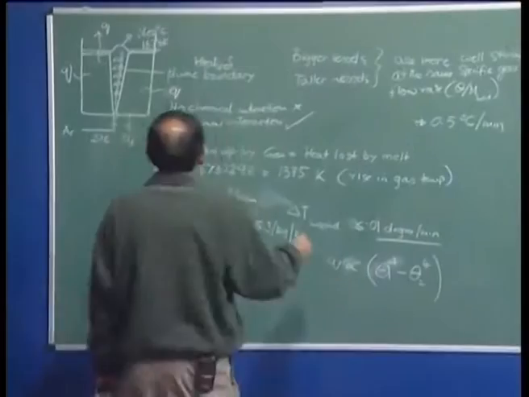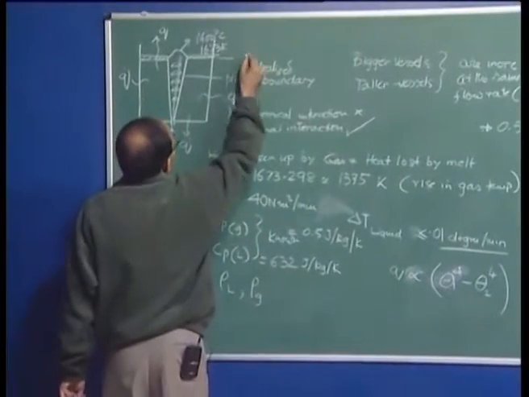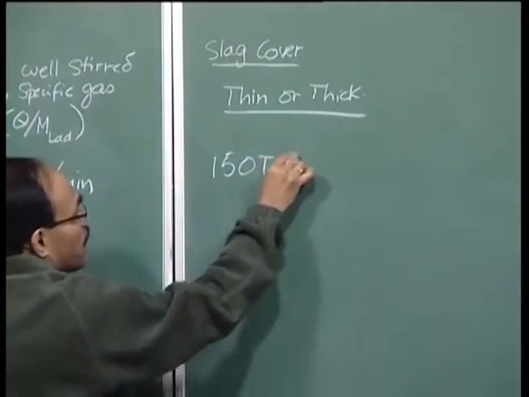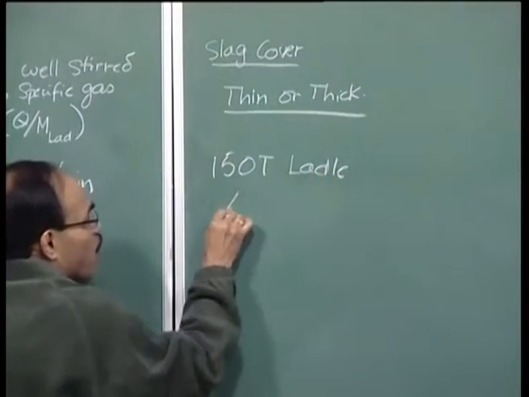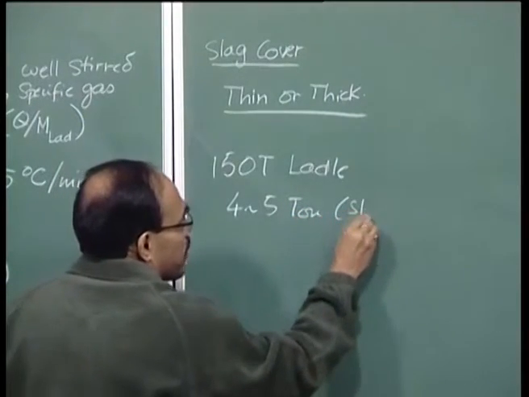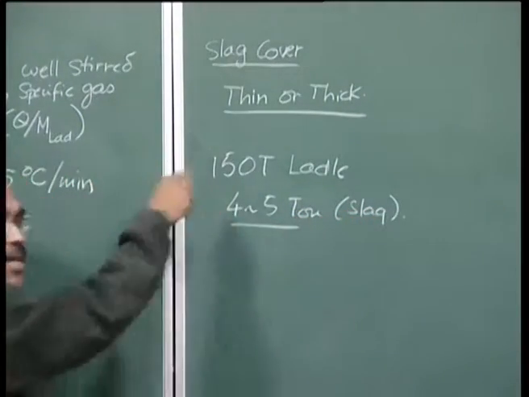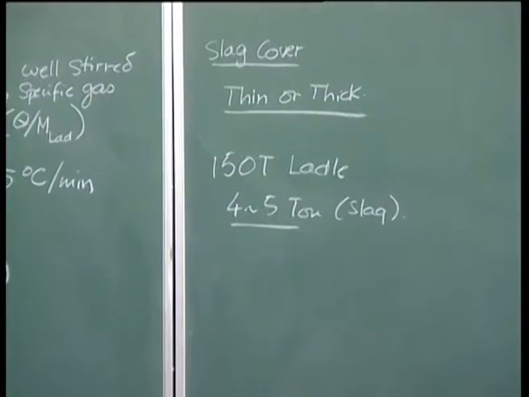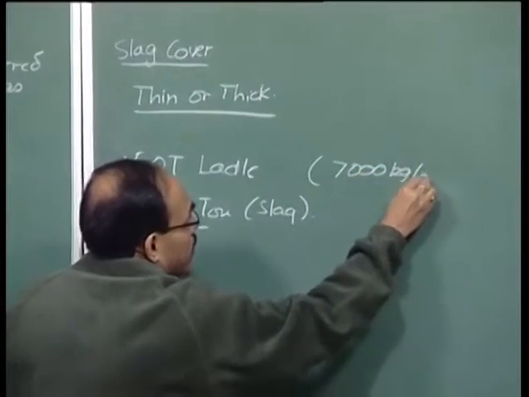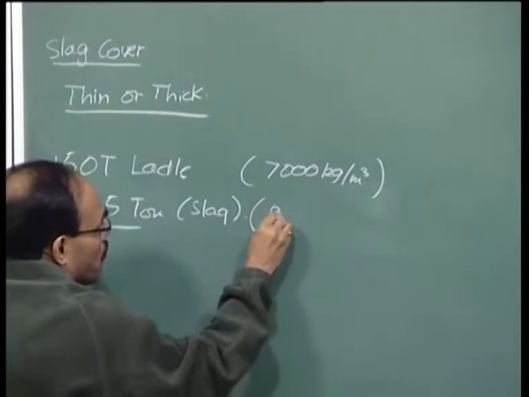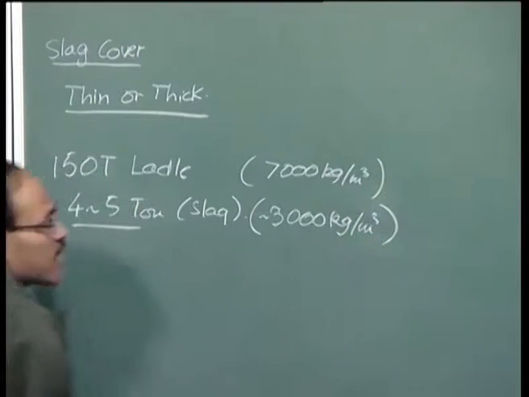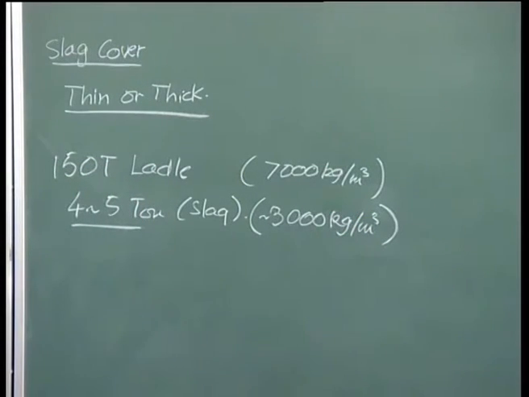And how thick is this slag cover? This is barely a maximum. If you look at a 150 ton ladle, for example, the amount of slag is about 4 to 5 tons. This is the slag, and if you convert this into the corresponding height, taking into account the density of steel, which is 7,000 kg per meter cube, and the slag density, which is approximately 3,000 kg per meter cube, depending on the composition, could be 2,340, a typical density.